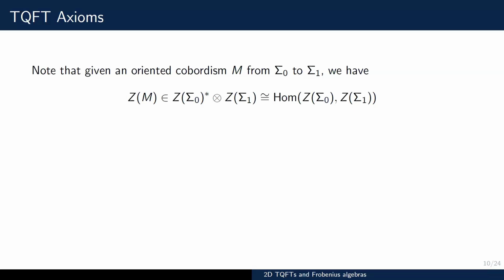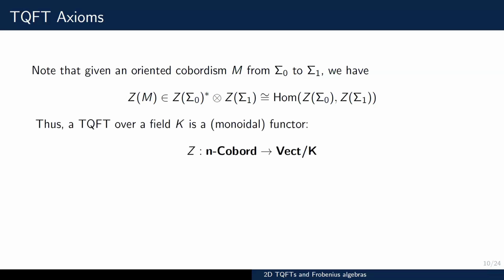So Z of M is in this vector space, which is isomorphic to the space of homomorphisms between the two vector spaces. So basically we can see an oriented cobordism representing a linear transformation from the vector space given by sigma naught to the vector space given by sigma 1.